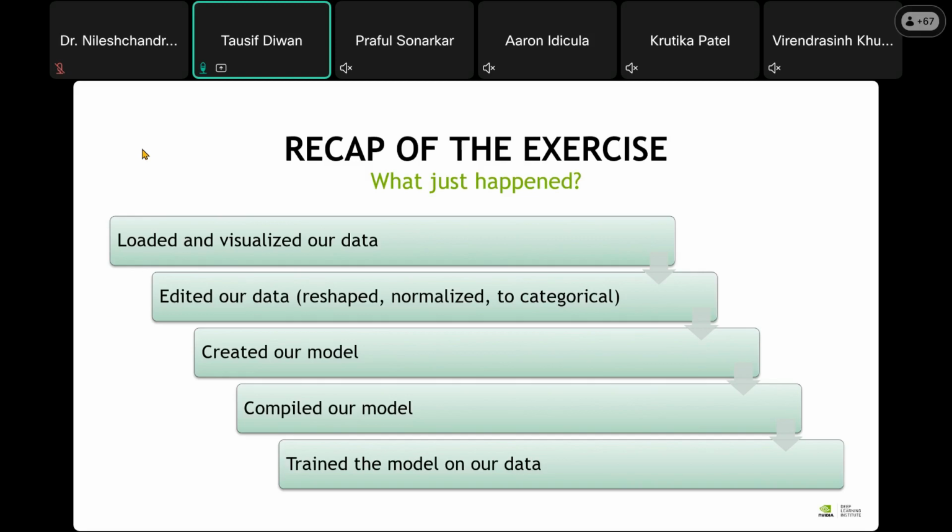Based on the validation set performance, we will try to tweak some hyperparameters of the model, and we will try to minimize the loss on the validation set so that our model performs well on the training set as well as on the validation set. So there is a difference between the training set and the validation set.